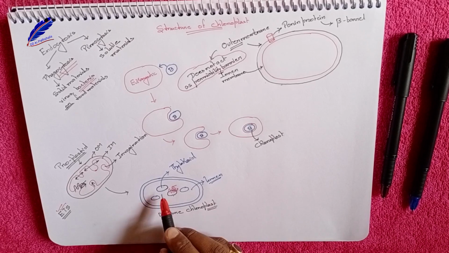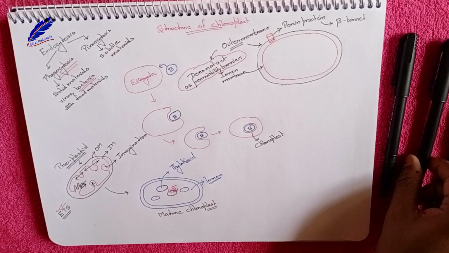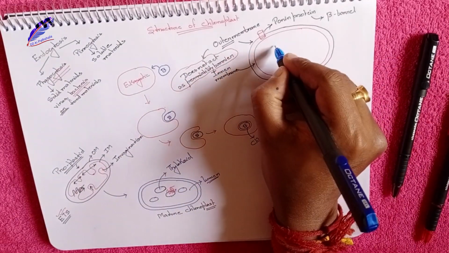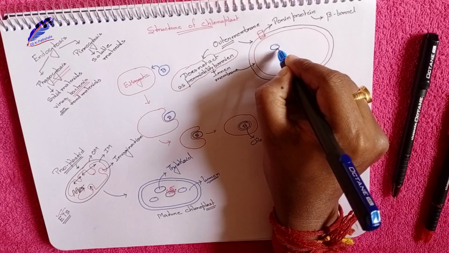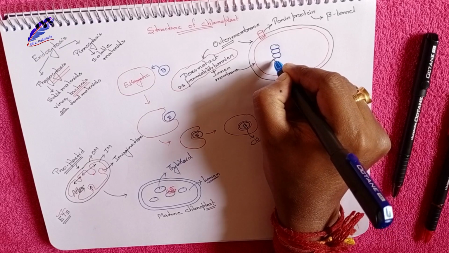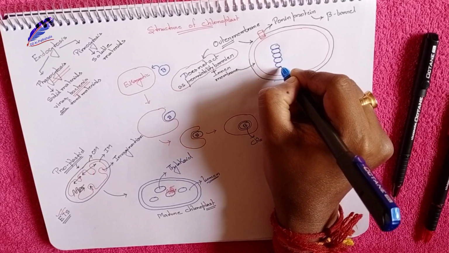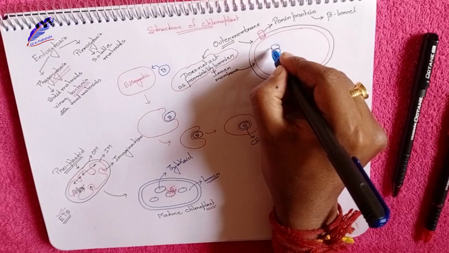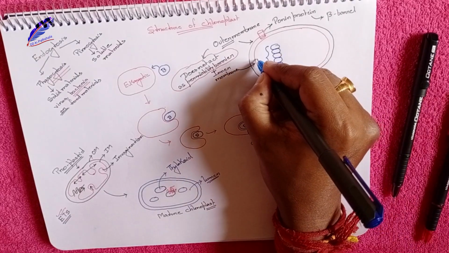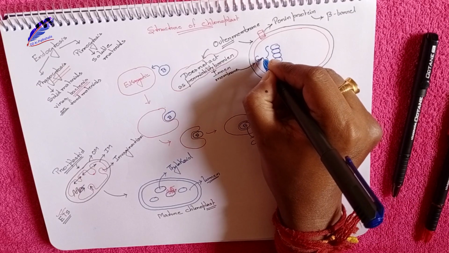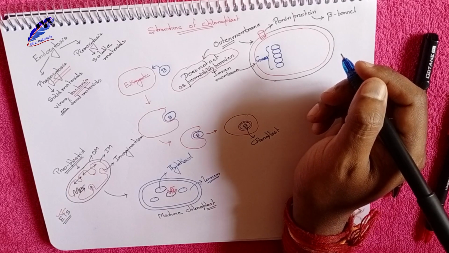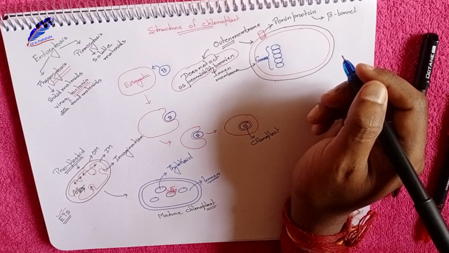Now coming to the actual structure, these thylakoids pile upon one another, and this piled thylakoid is called grana.